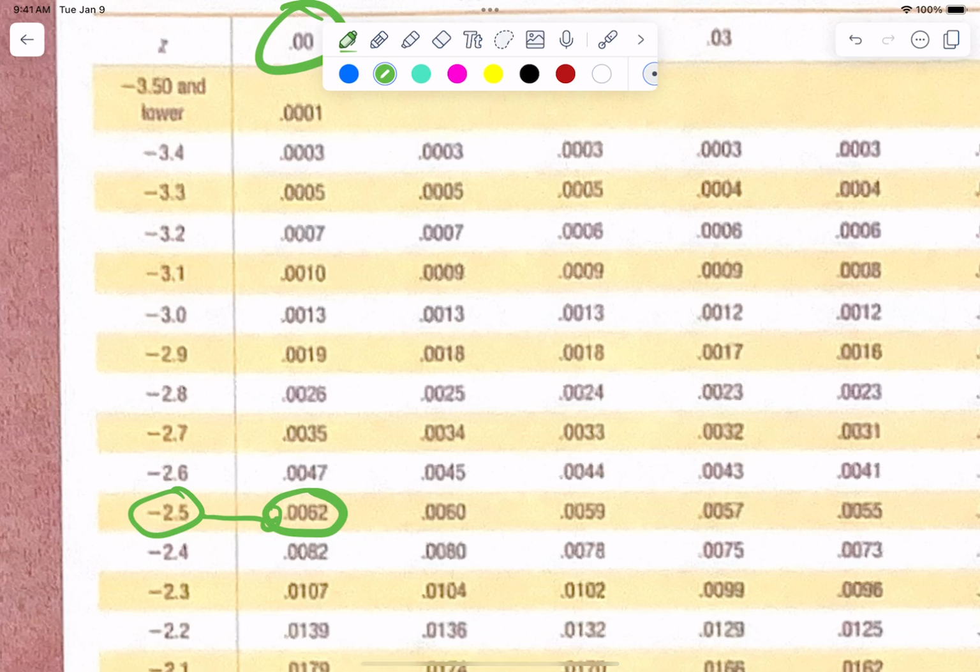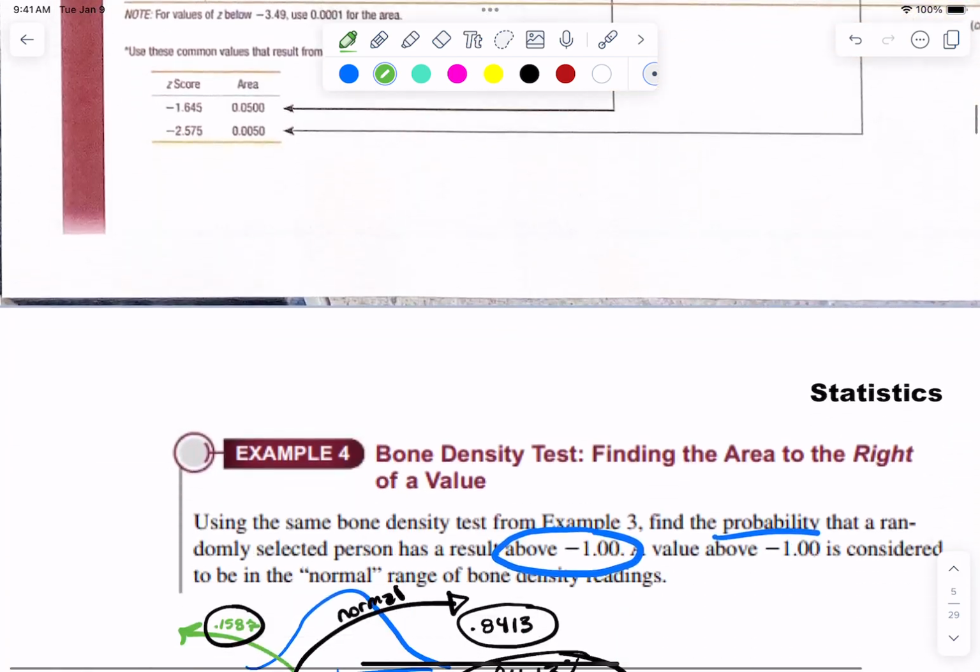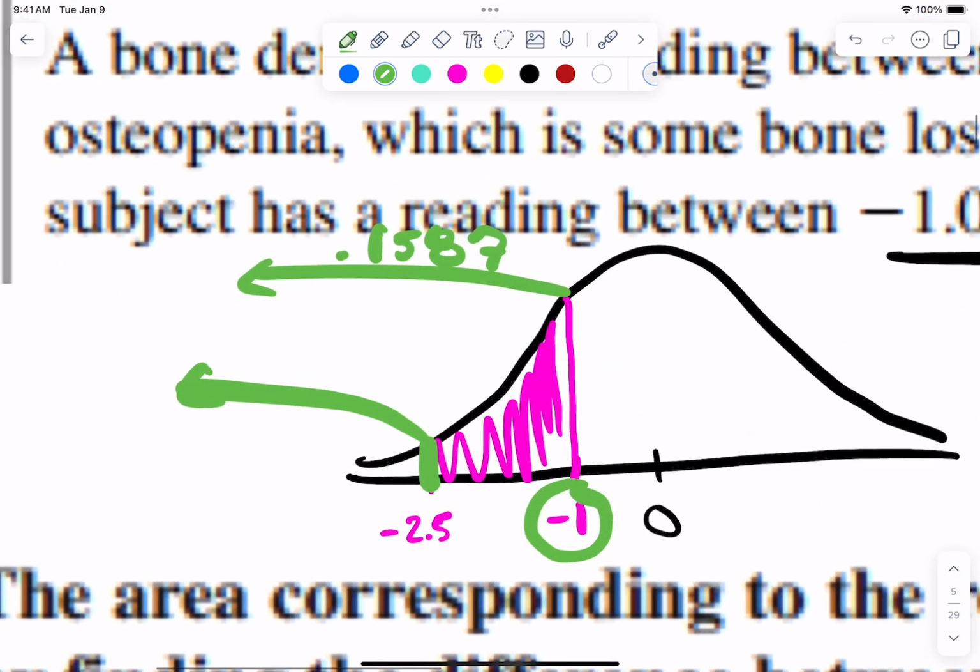Those are how many people are below -2.50: 0.0062. That's less than 1%. That is a very small number. Less than 1% of people have a z-score below -2.5.